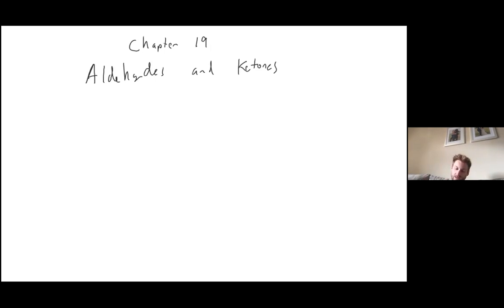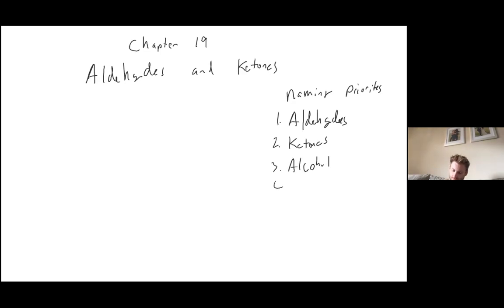So in terms of naming priorities, our number one is now aldehydes, followed by ketones, followed by alcohol, then alkyne, alkene.